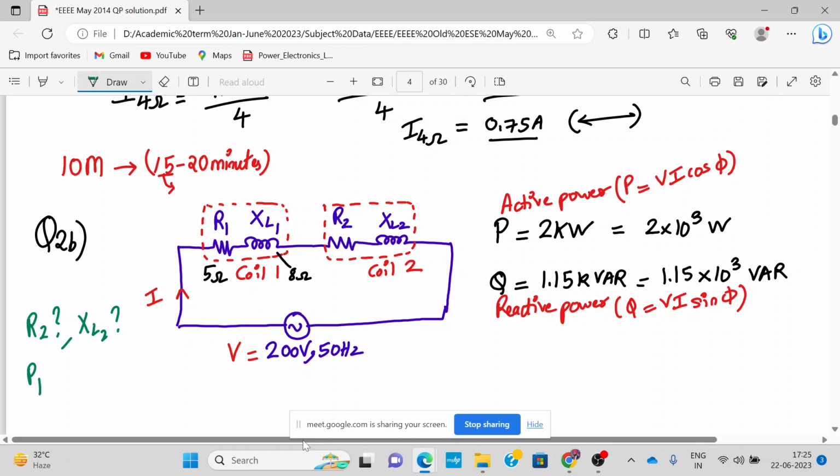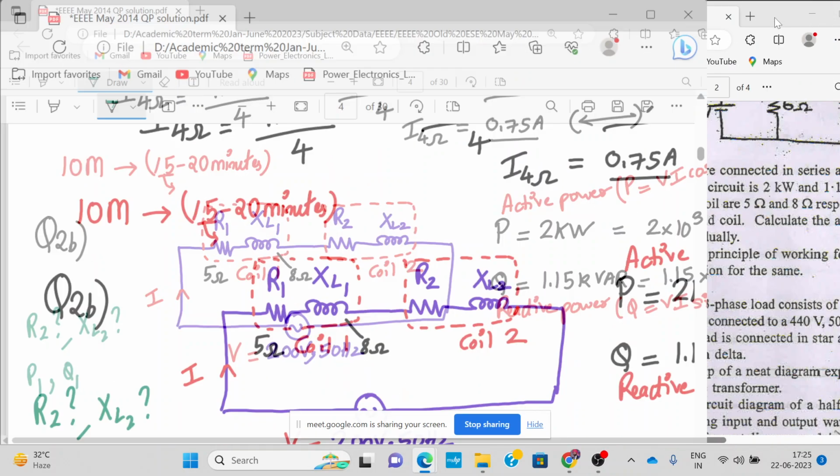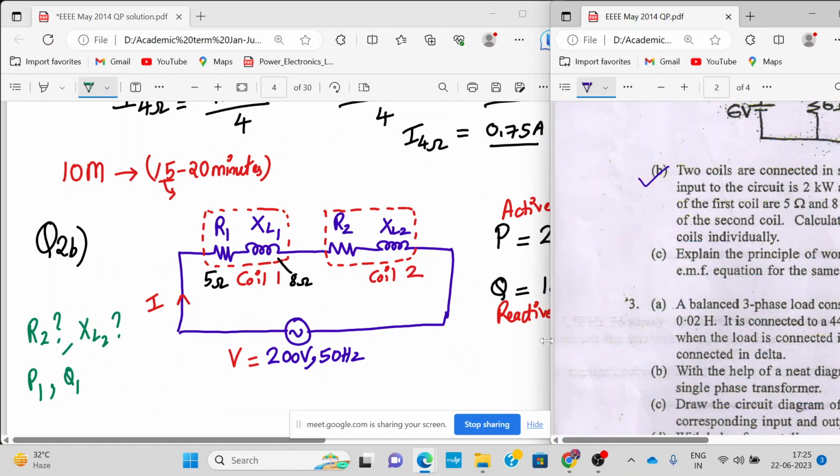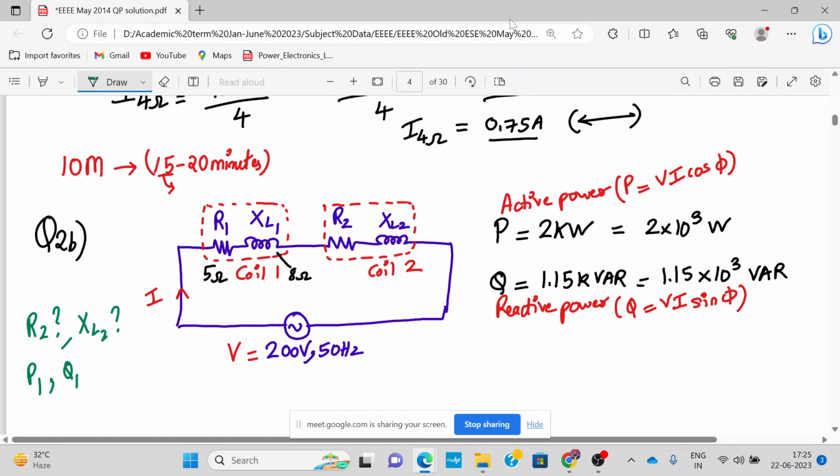So you have to find out P1, Q1, and then we have to find out for coil 2 also, P2, Q2. Is this thing clear to you, everyone? Yes, clear sir.